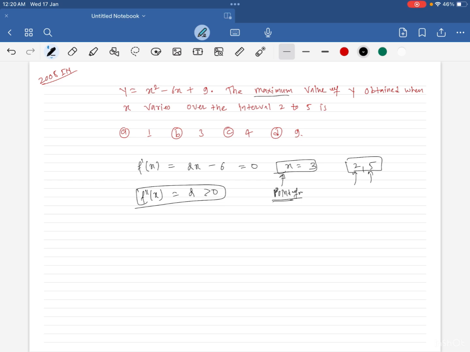So at 2 we will have 4 minus 12 plus 9, so that is 1, and f5 we have 25 minus 30 plus 9, so that is 34 minus 30, that is 4. So we have the maximum value, that is 4. So 4 is the correct answer.